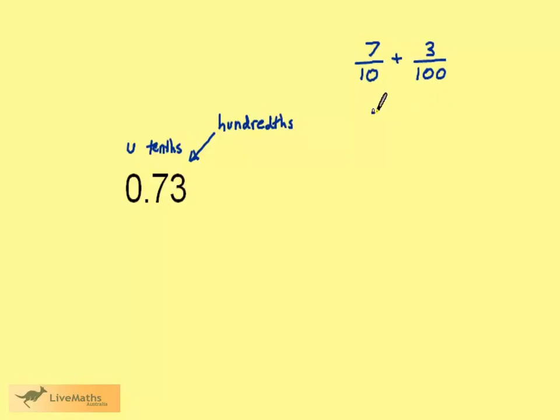If we add these fractions, 7/10 is 70 over 100, and we add to that 3 over 100. So we have 73 over 100. So 0.73 could be thought of as 73 hundredths.